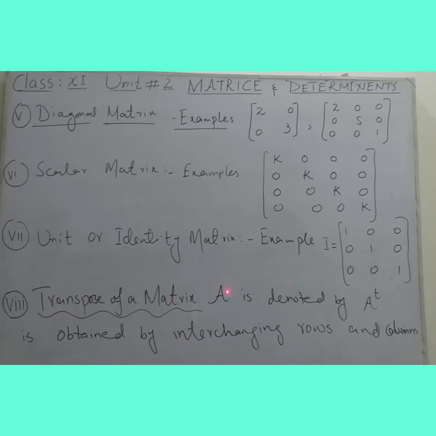Transpose of a matrix A is denoted by A transpose or A T and is obtained by interchanging rows and columns. How can we obtain the transpose of a matrix? When we interchange rows into columns or columns into rows, then we get the transpose of that matrix.